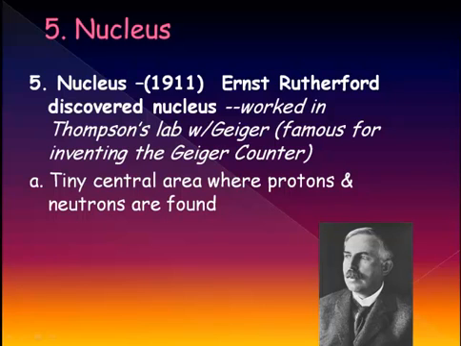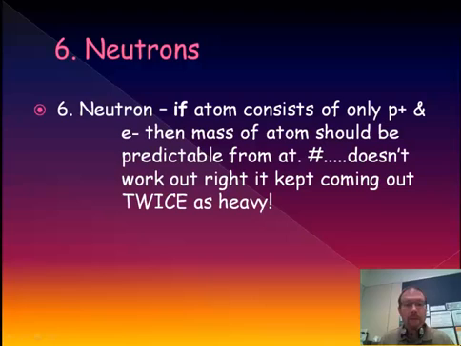But he discovered that the nucleus is a very tiny part of the atom where the vast majority of the atom's mass is concentrated. It's not evenly distributed like Thomson's model would suggest, and instead it's located there in the center of the atom.